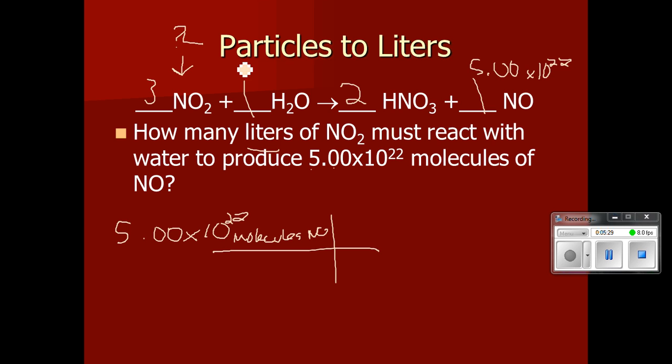We're going from particles to moles, so I'm going to put 1 mole on the top and 6.02 times 10 to the 23rd on the bottom. Now we're going to do our mole to mole ratio. We have a 1 to 3. So I'm going to put 3 on the top and 1 on the bottom.